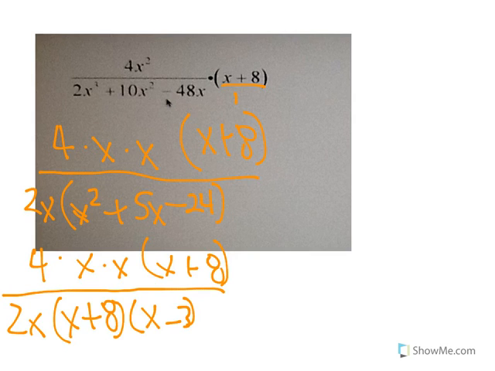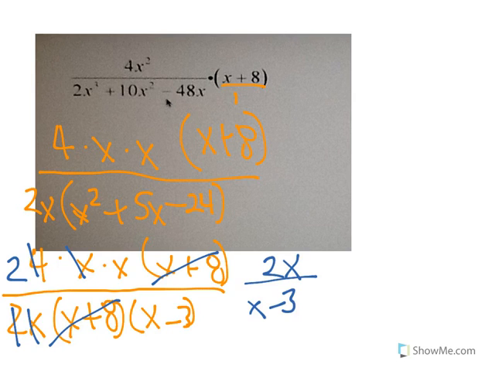I'm going to use a different color for the canceling. I can cancel out x and x here. I can cancel out this 2 and this 4 and just change that to a 2 instead. I can cancel out x plus 8 and x plus 8. And what I'm left with is 2x over x minus 3. And that's how you go ahead and proceed to do this.